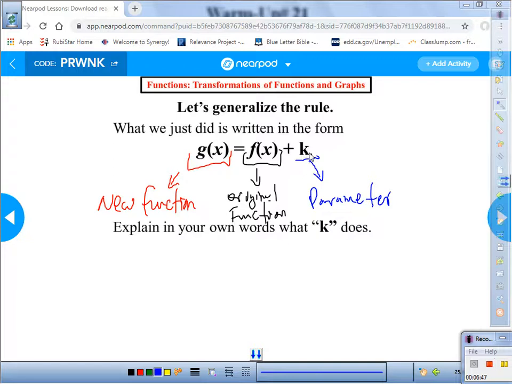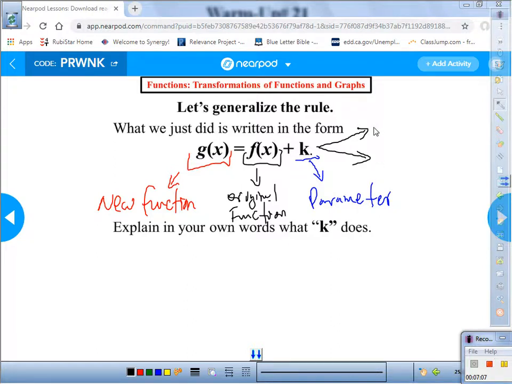So, in this case, if you were to send this to your BFF that was absent, what would you tell them k does to a function? What does k do? Tell your neighbor, please. Let's see, Ramon, go. It transforms.